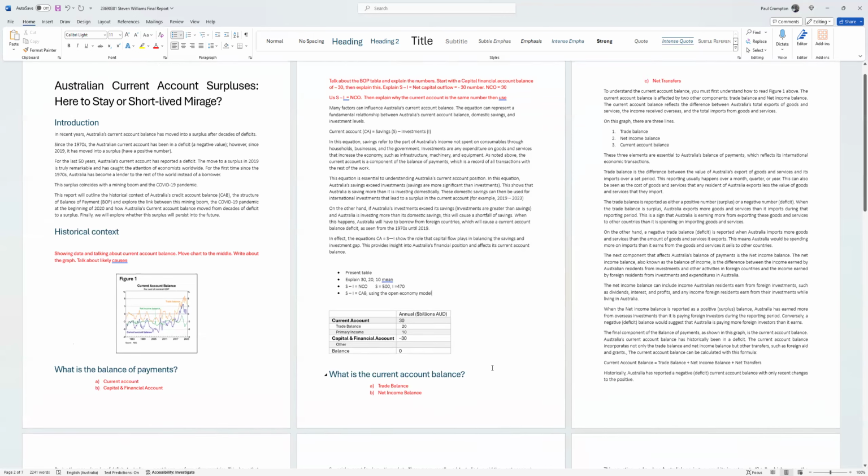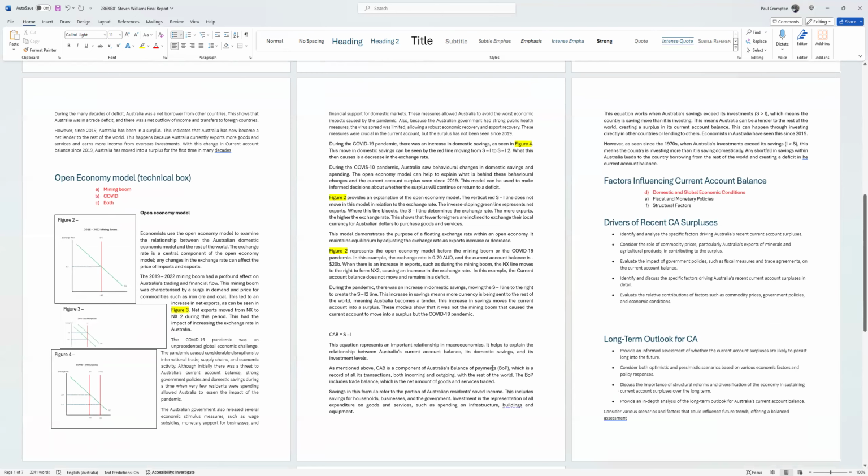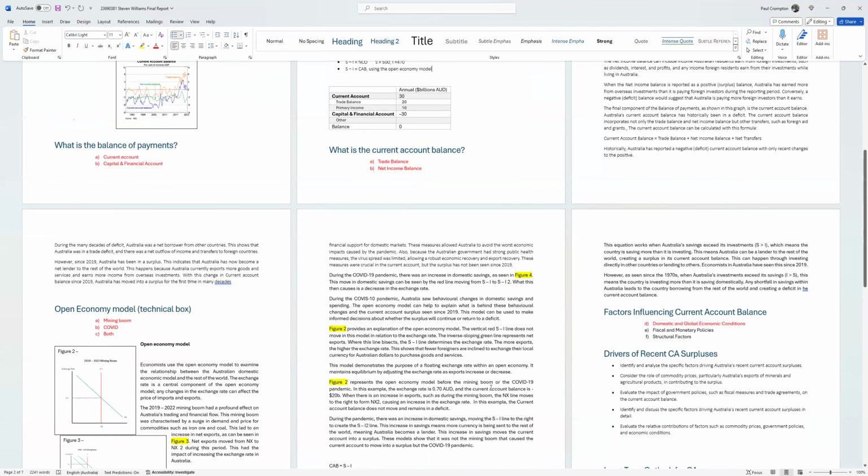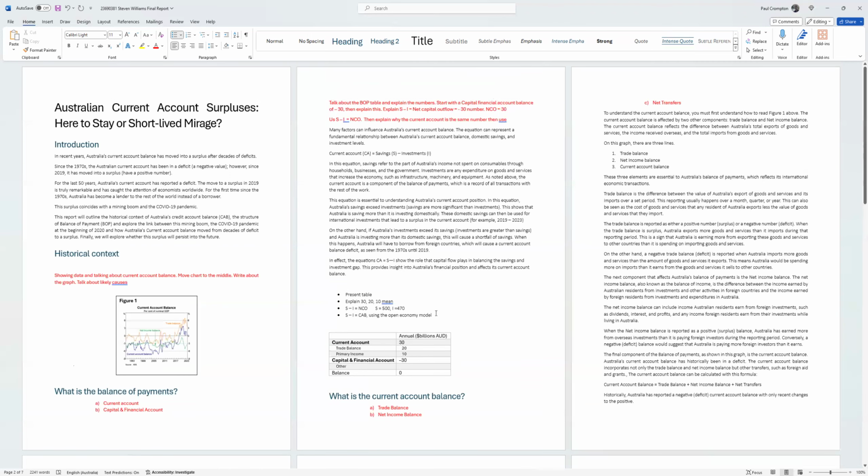Okay, and then you can move on to explaining why we move from deficit to surplus. But if you have a look at what I've got there, it's actually carefully thought out and it's sequenced quite well. So you're presenting this table to the reader so they can see that. You can't write that annual as a title.